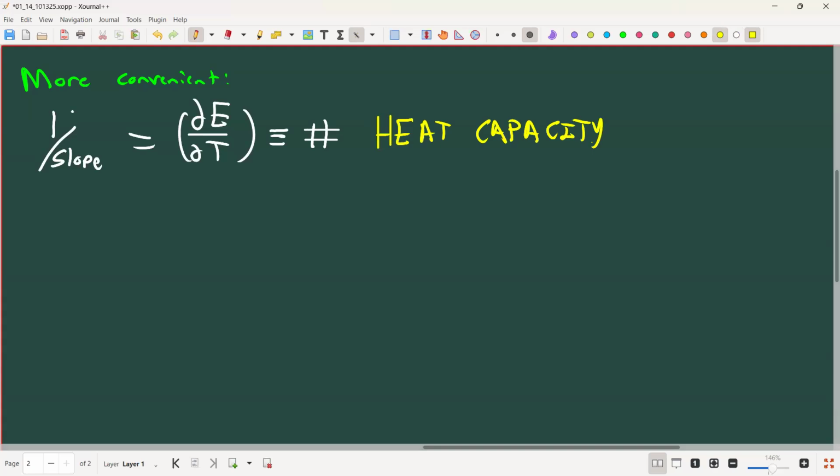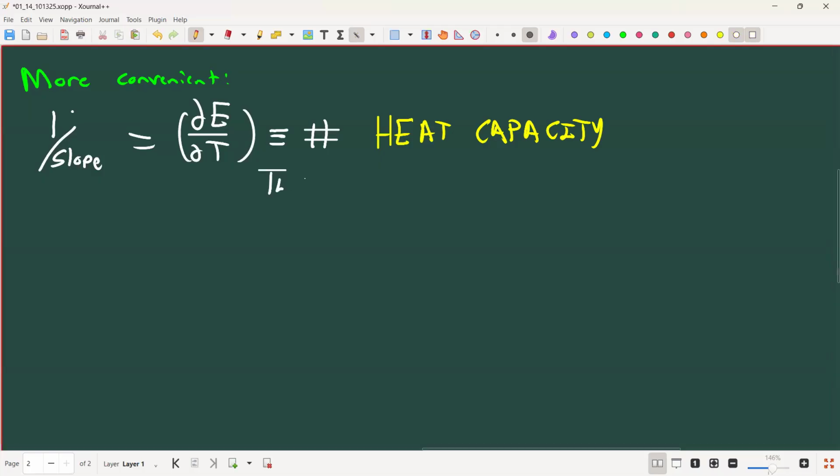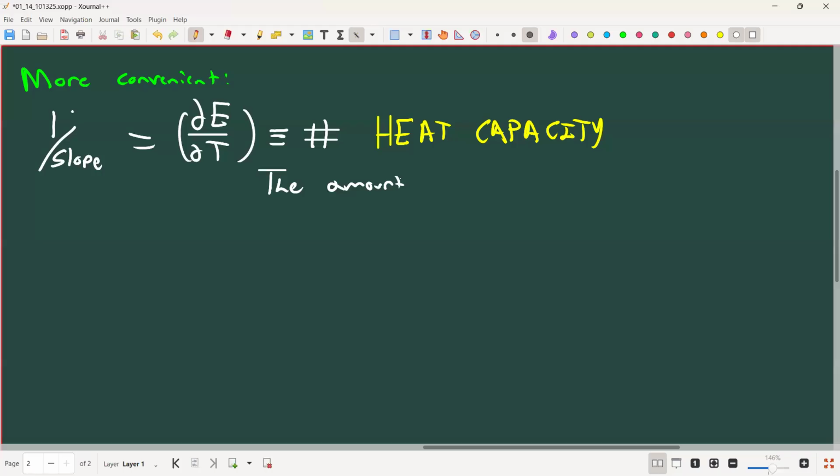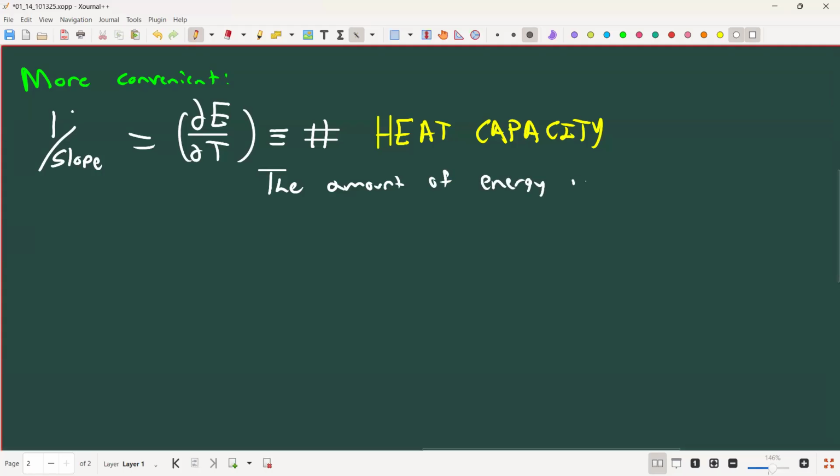So every material has this special heat capacity. Just a number that associates, in some sense, the ability, the amount. And this is the CHEM description of heat capacity: the amount of energy required to heat the sample by 1 degree Kelvin.